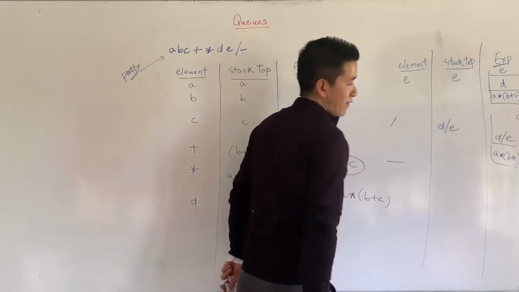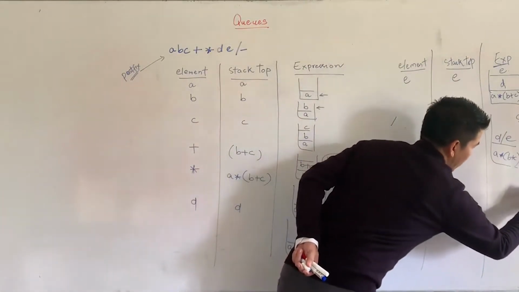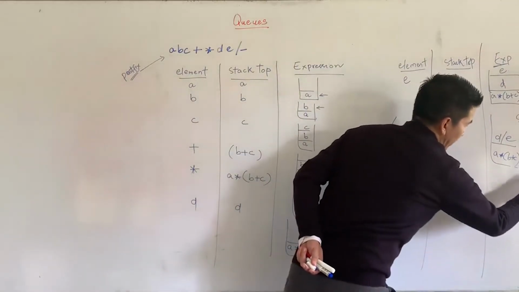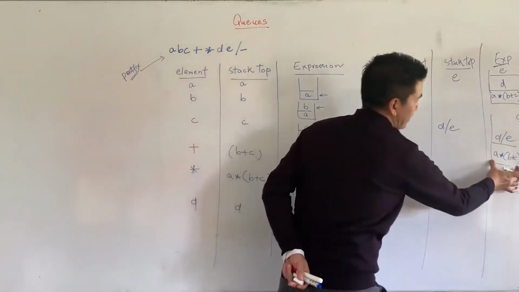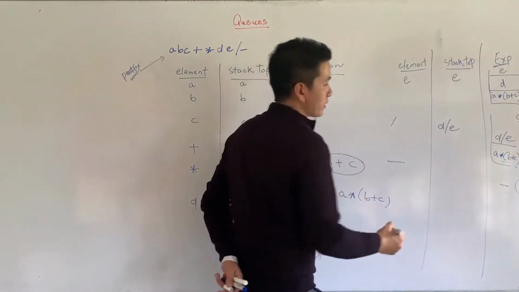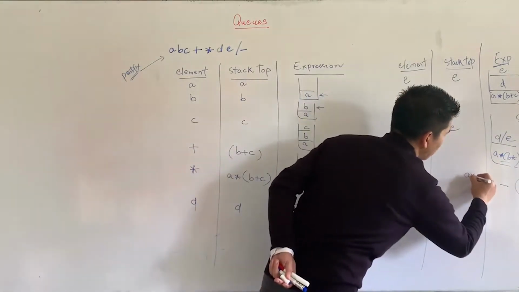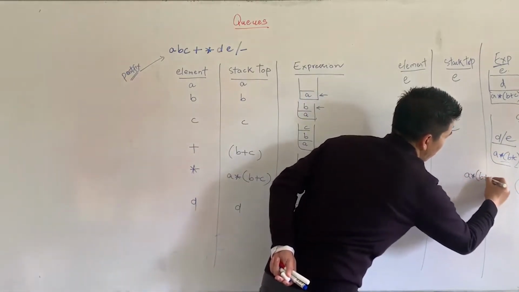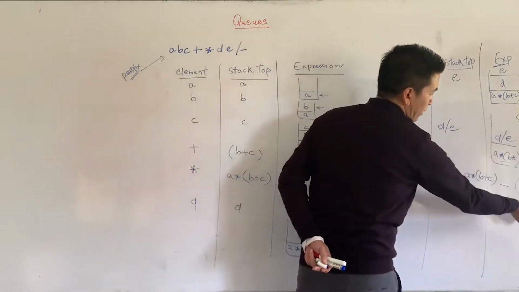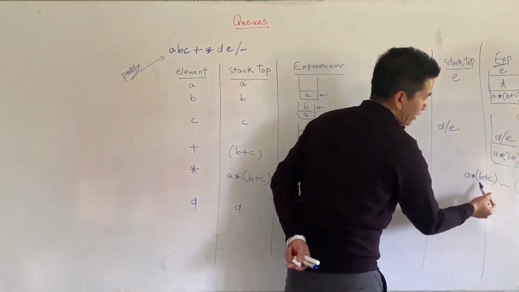So pop the first element, and that is D divided by E. This is the first element to be popped, and then you have the second element. The operator is minus, and then A multiplied by B plus C. This is the topmost element to be popped, followed by the next.